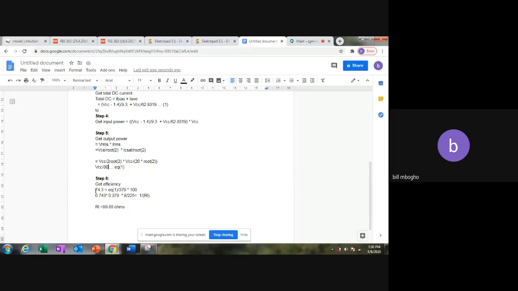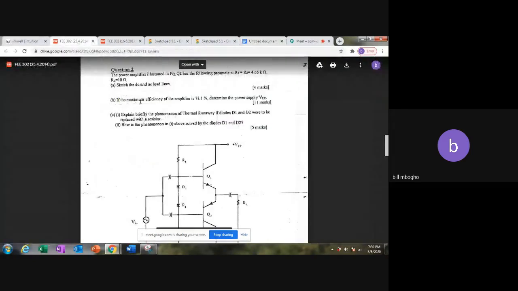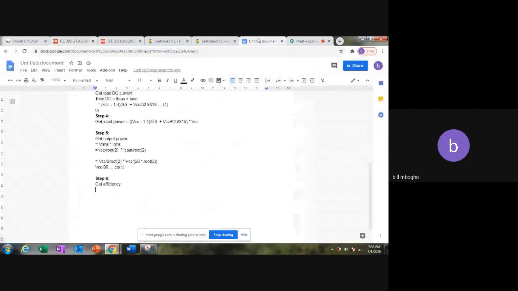And then the efficiency. Now the efficiency is done, which will tie everything together. Because the efficiency is simply the output power over input power times 100, and we've been told efficiency is 78.1. The efficiency 0.781 is equal to the output power, which is VCC over 80. The denominator is going to be something very big and ugly.